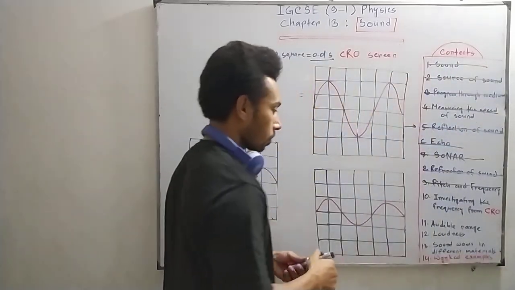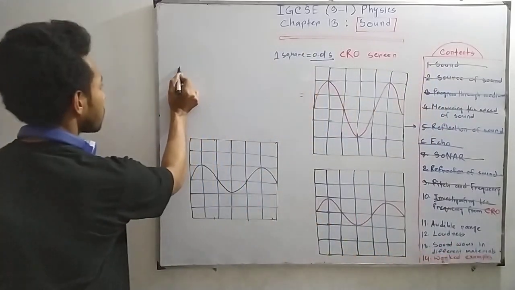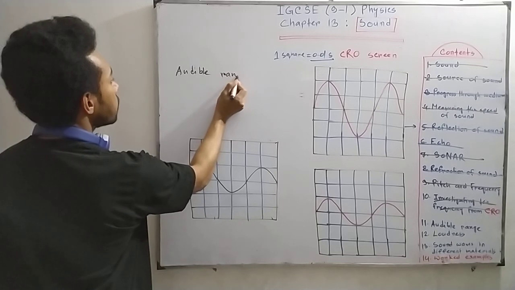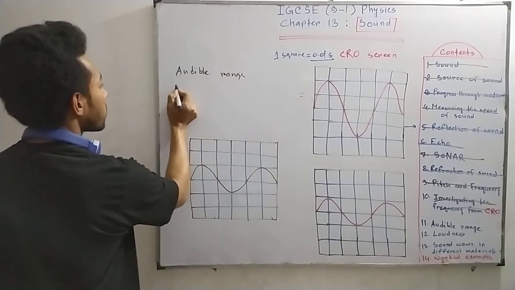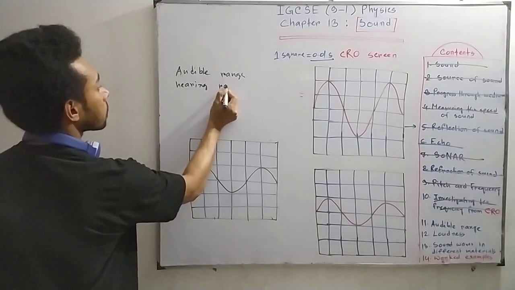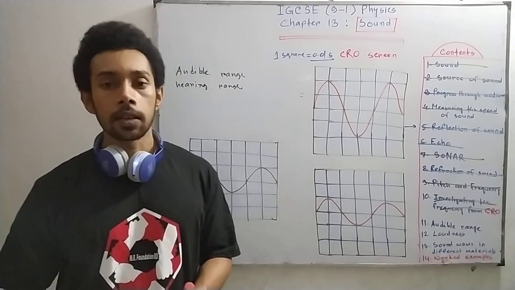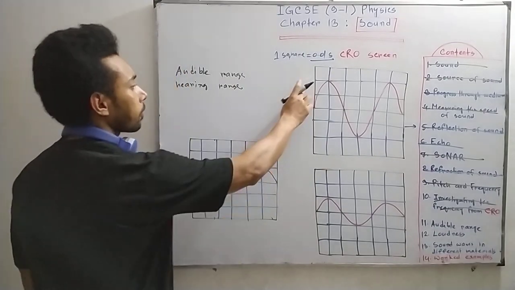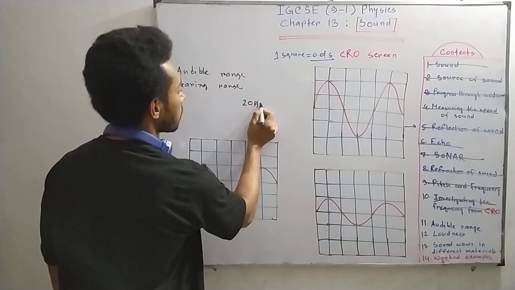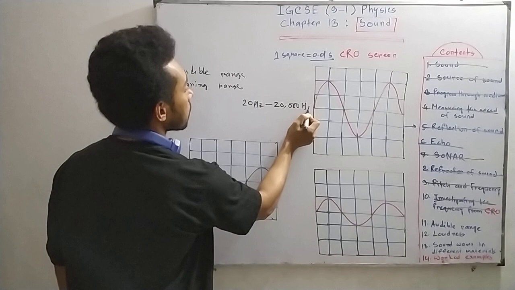Now, audible range. Audible range is also known as hearing range. Every human being can hear sound that has a frequency of about 20 Hz to 20,000 Hz.